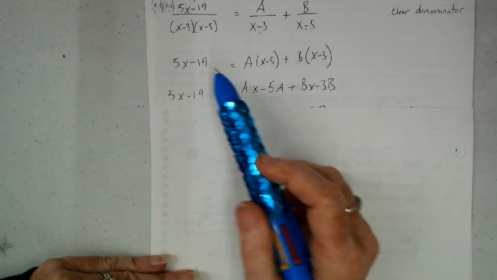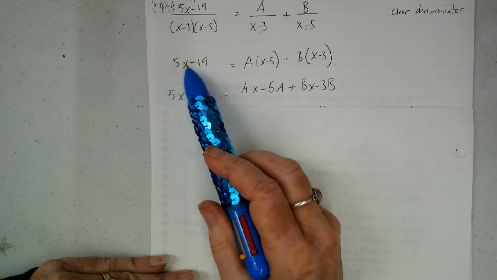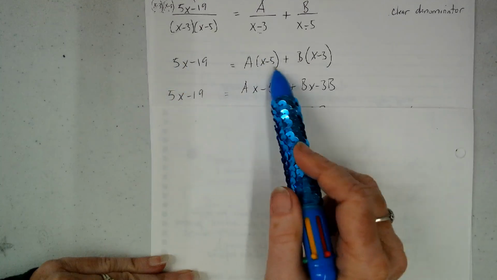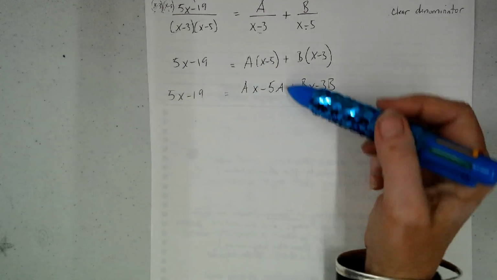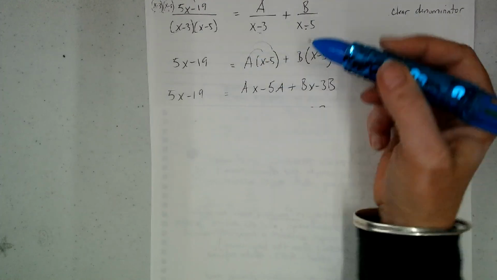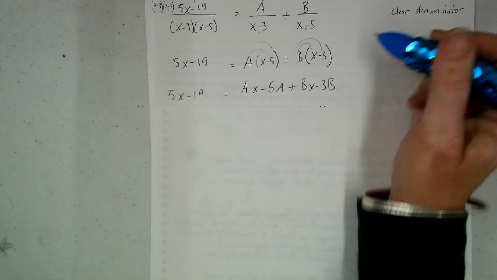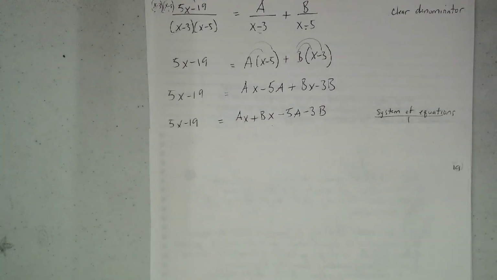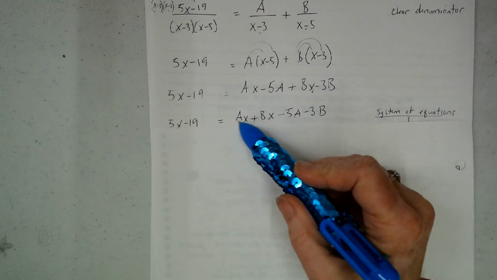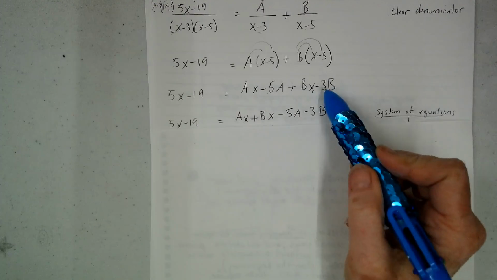Let's work this out. I want to get all the x's together. So I did that, and then I moved the bx over close to the ax. I just rearranged them. I've still got my other numbers here.